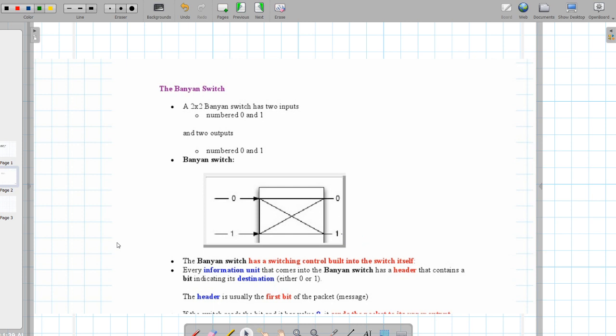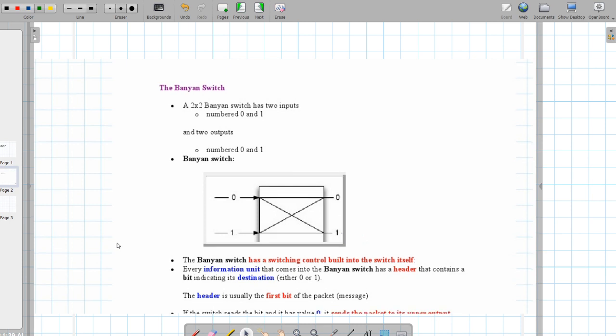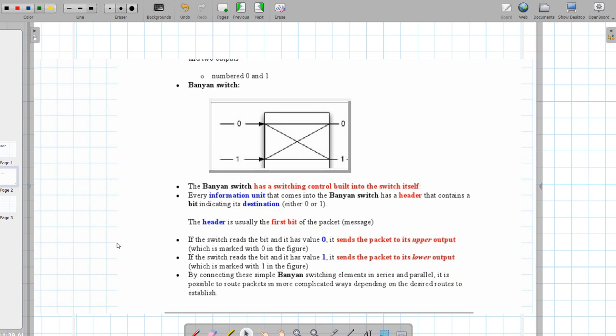Now here is a salient feature of the Banyan switch: it has a switching control built into the switch itself. That means the control for the switching has been implemented inside the switching device itself.